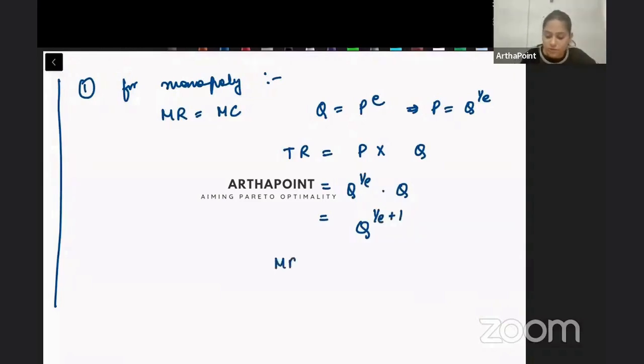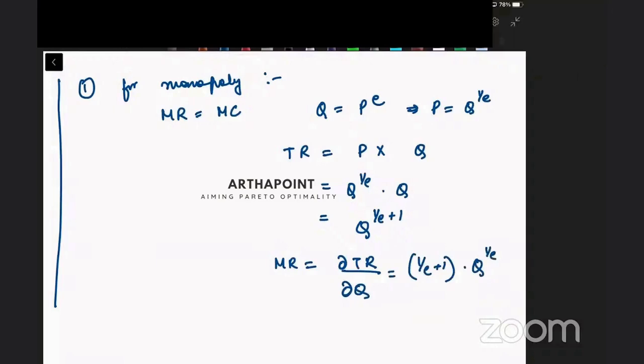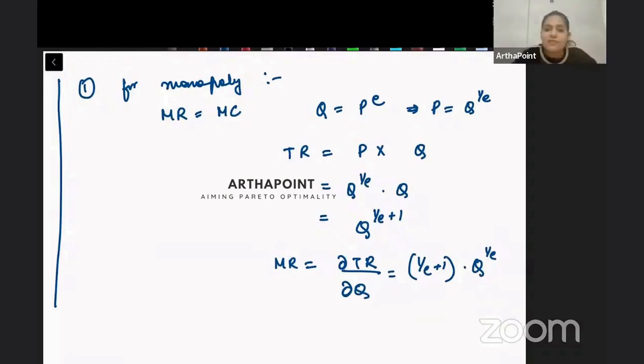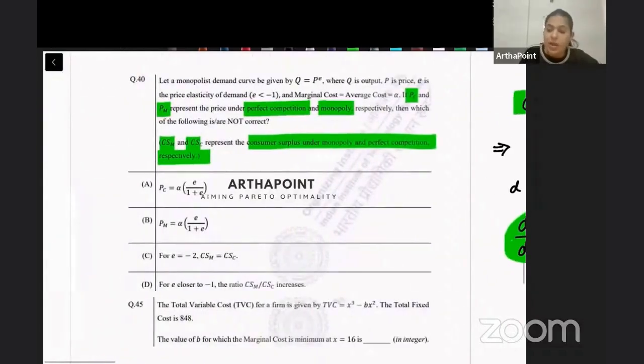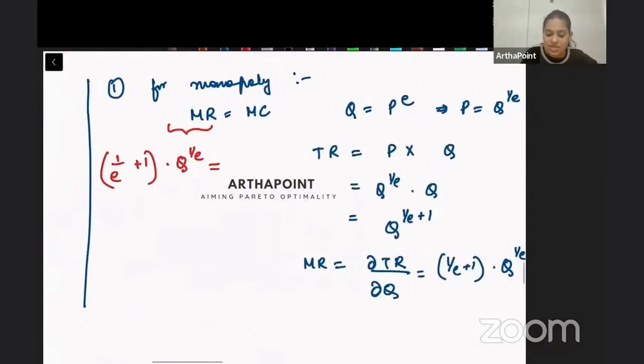What is marginal revenue? It is how total revenue changes as quantity changes. You differentiate it, and it is going to be 1 by E plus 1, Q to the power 1 by E. In place of marginal revenue, I can put this equal to marginal cost, which is given to me as alpha.